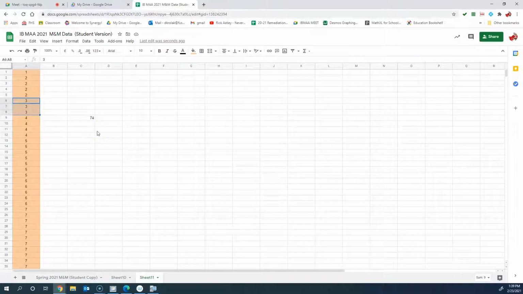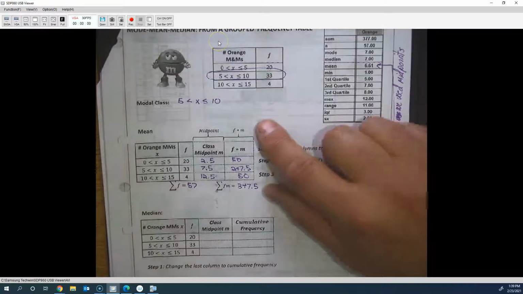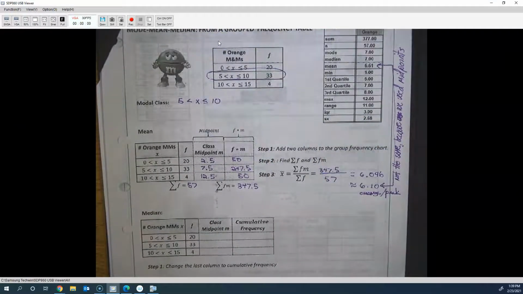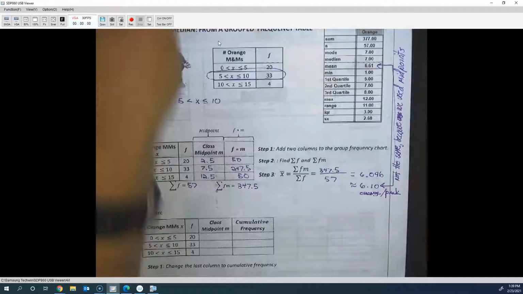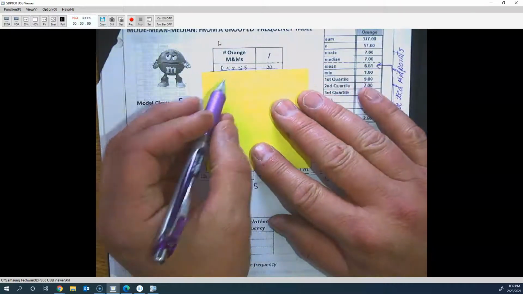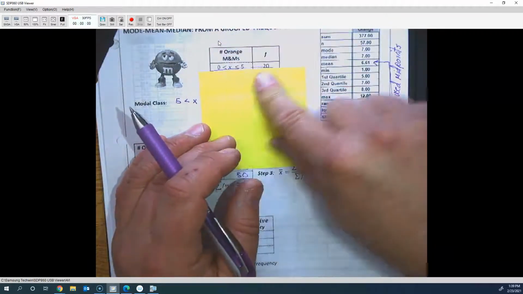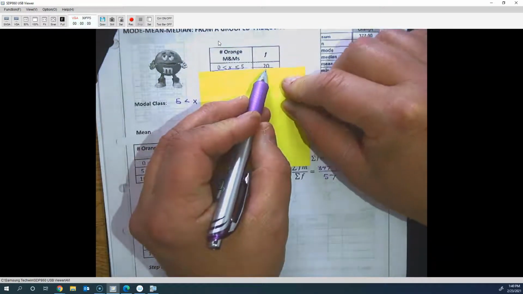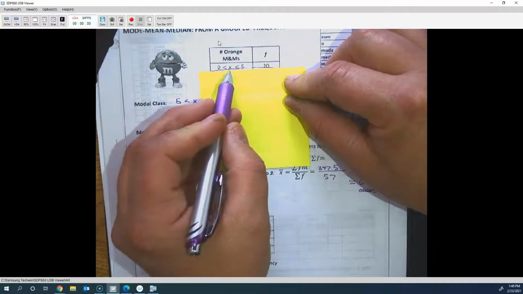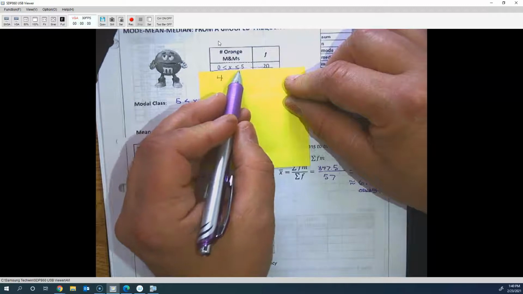What we did, when you get a histogram, the table doesn't tell you what the individual numbers are in this class. So in this class right here, we don't know the makeup of these 20 numbers. I could have 19 4s and I could have 1 5.